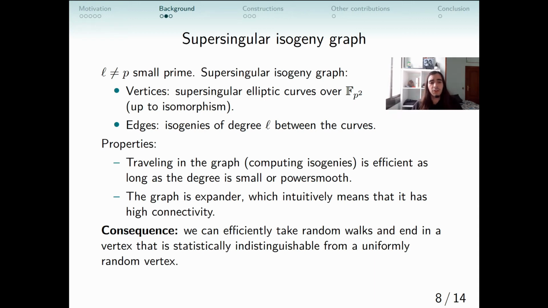As a consequence of this, we can take random walks, and the end vertex of the walk is going to be statistically indistinguishable from uniformly random, which means that we can start from a fixed point and take random walks, which are going to be efficient and end in essentially uniformly random places.